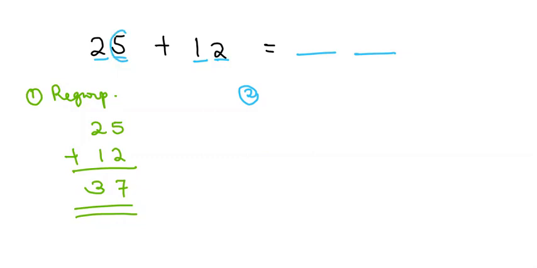So the ones are 5 plus 2, and it gives me 7. And then after that, I can now deal with the tens. 2 plus 1, 3. I get that my answer is 37. Let's look at another example.